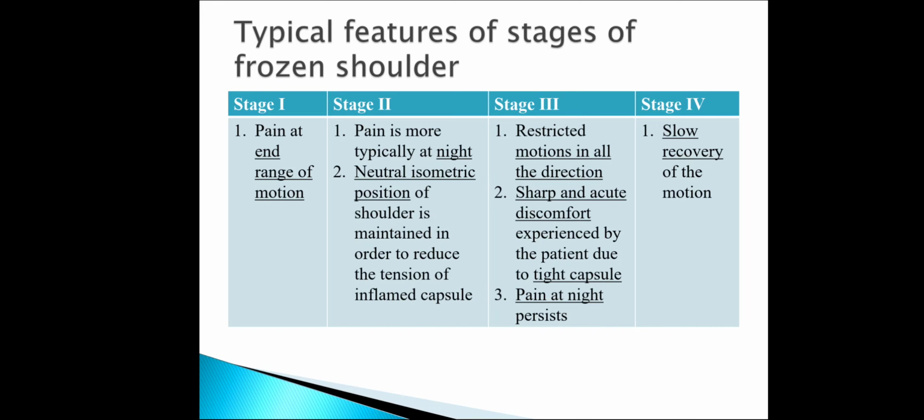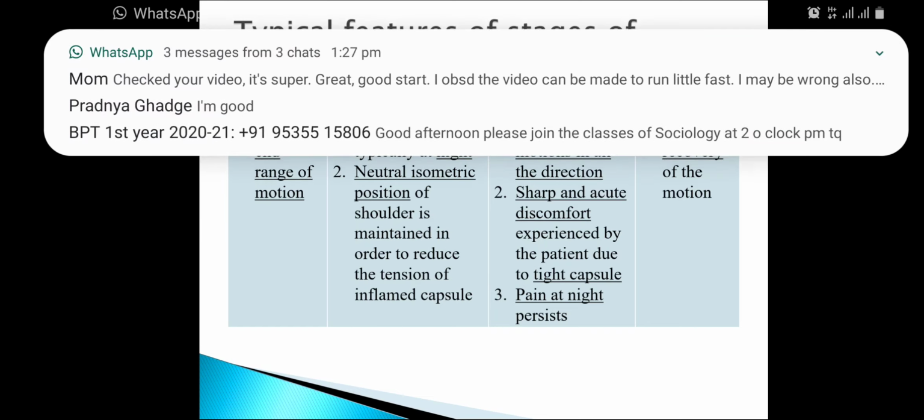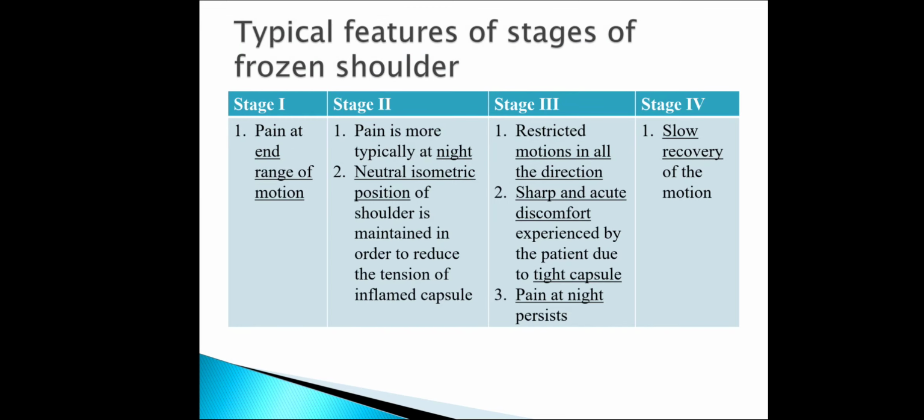Due to malposition of the scapula and changes occurring in the rotator cuff muscle of the shoulder, a person with frozen shoulder maintains his shoulder in elevation and adduction. This is nothing but your neutral isometric position of the shoulder.